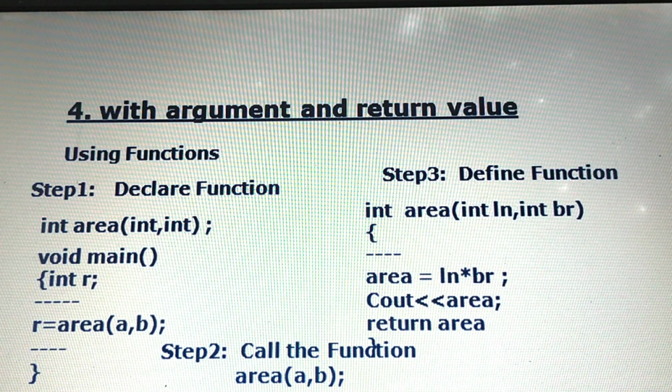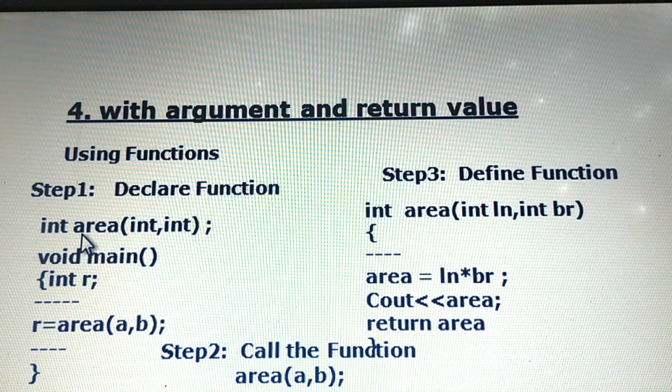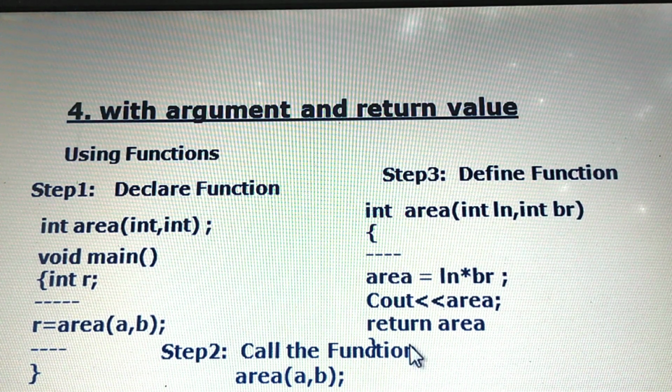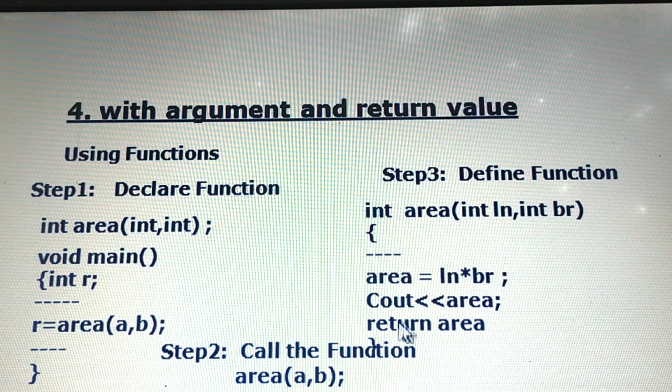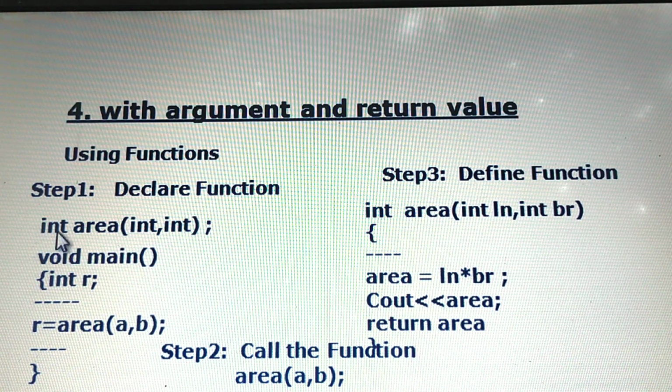Using this type of function, first declare the function. Here a return type is needed because a value is returned from the function. If the return value is integer, we write the return type int. If it is float, we write float. If it is a character, we write char.